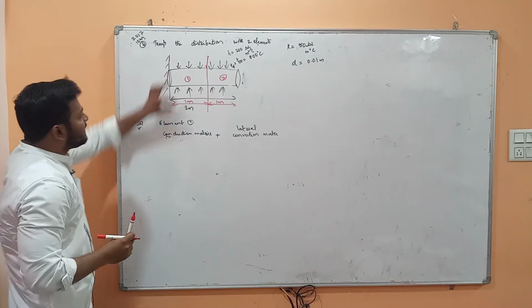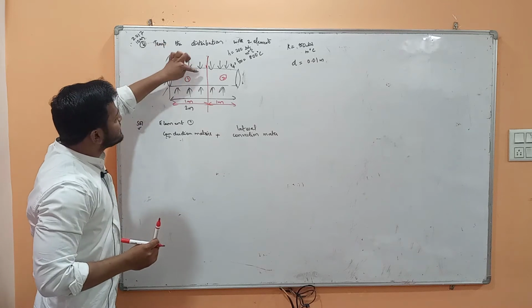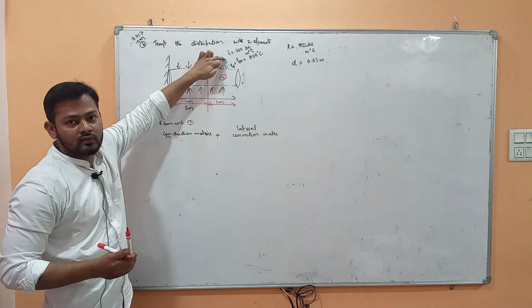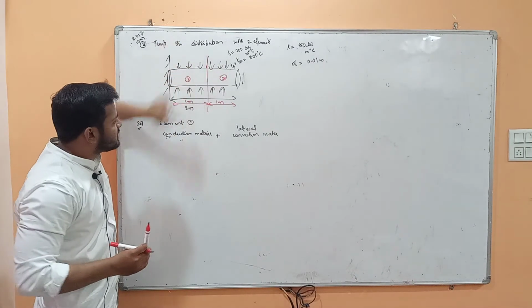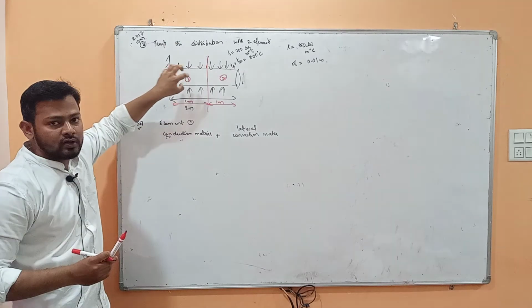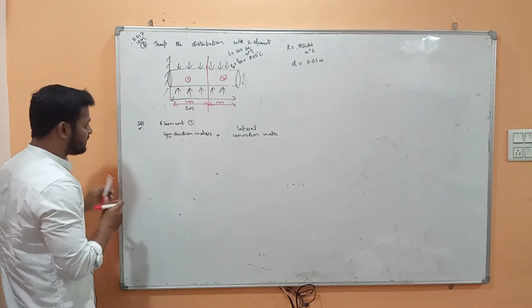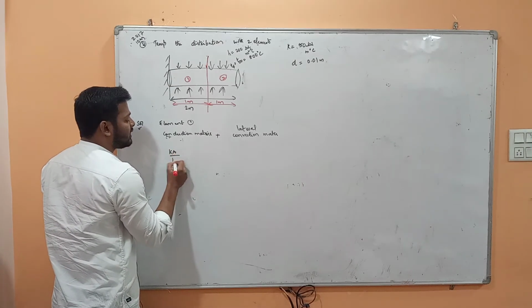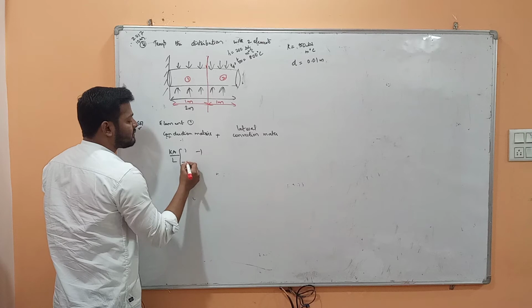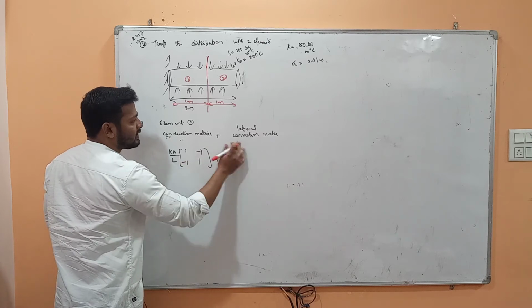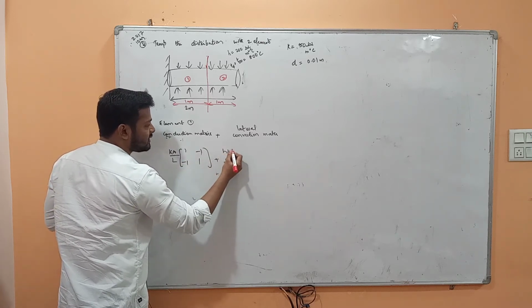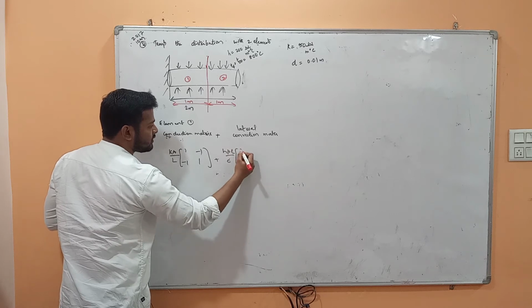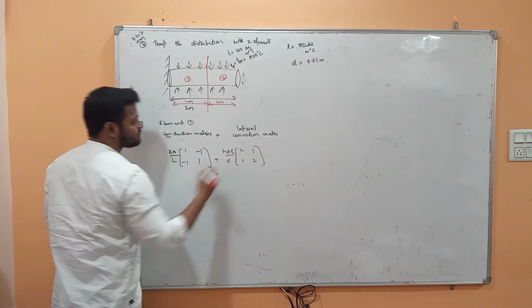If you see on element 1, this H is there. Okay, so that is the lateral convection matrix. Conduction is because of this solid material, so it will be there for every problem. So the conduction matrix formula we know, KA by L, 1 minus 1 minus 1 1, and the lateral convection matrix, see the formula, HPL by 6, it is 2 1 1 2.